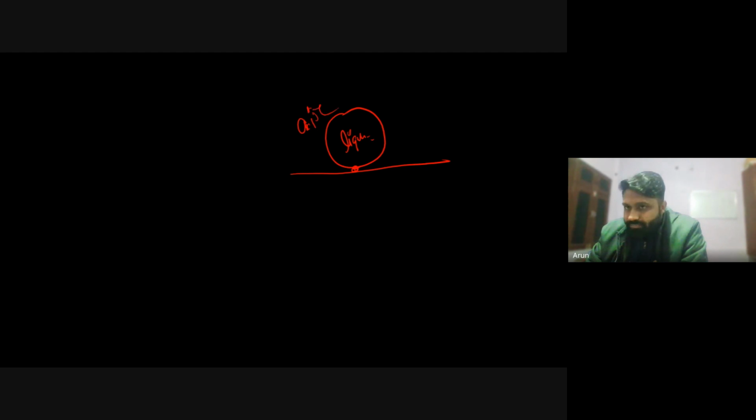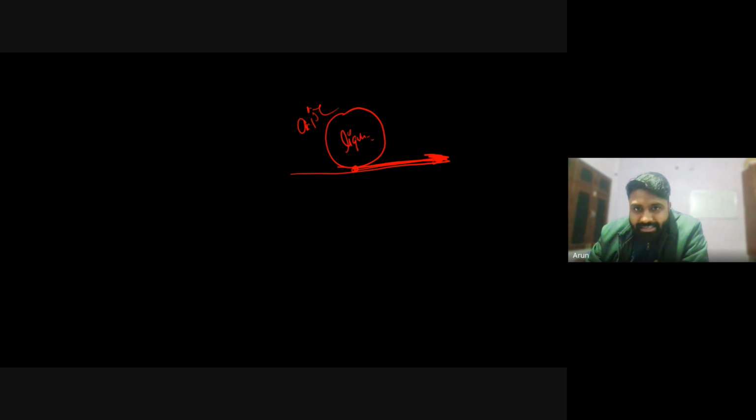Let me show you on our projector. Let's say this is a liquid drop placed on this surface. This liquid is making contact with air, and this liquid is making contact with the solid also.